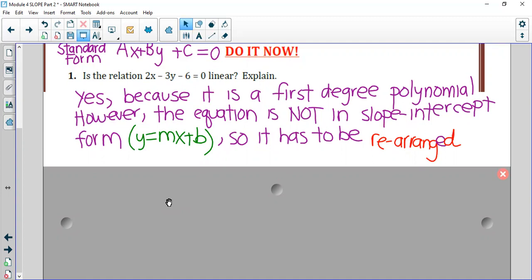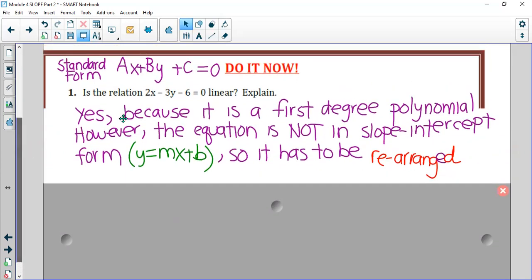However, the equation is not in slope-intercept form, so it has to be rearranged. So slope-intercept form is the form y is equal to mx plus b, whereas standard form is ax plus by plus c is equal to 0. So if you can write that down.